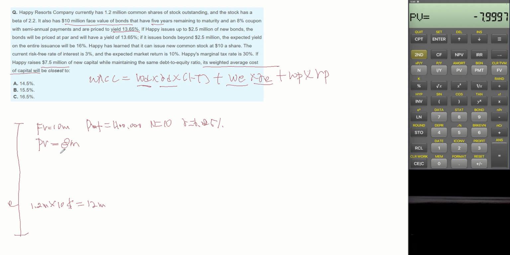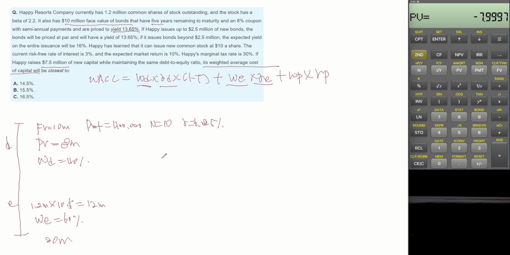So in total, 20 million capital: 8 million is debt, and 12 million is equity. With this, we can figure out the weight of debt is 40% and the weight of equity is 60%.